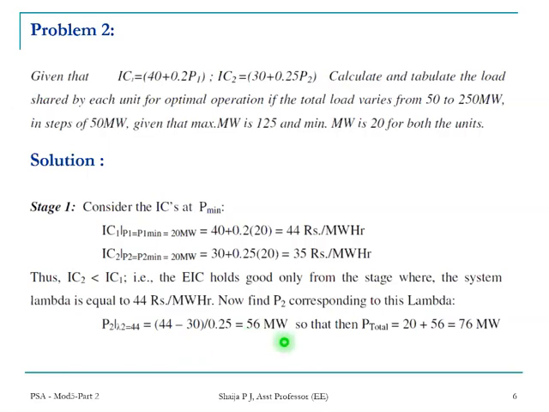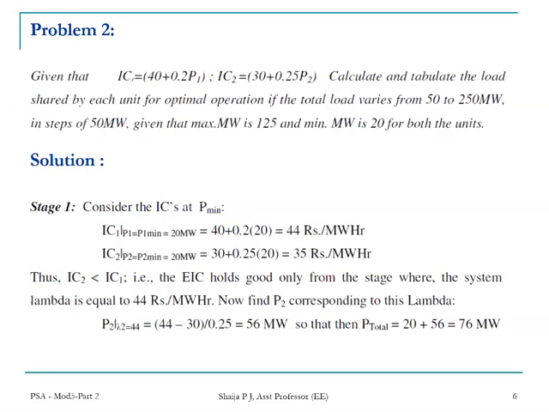So what is the conclusion? When P total is 20 plus 56, IC2 will be the same as IC1. At that time, P2 will be 56, whereas P1 will be 20. So the total load is 20 plus 56, which is 76 megawatt. Clear?